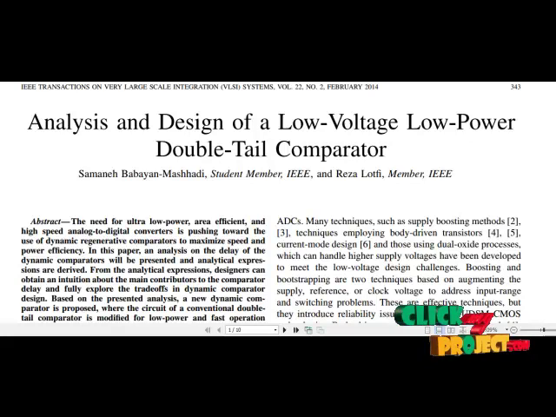Many techniques, such as boosting methods, techniques employing body-driven transistors, current mode transition, and those using dual oxide processes that can handle higher supply voltages, have been developed to meet the low voltage design challenges. Boosting and bootstrapping are two techniques based on augmentation of the supply, reference or clock voltage to address input range and switching problems.